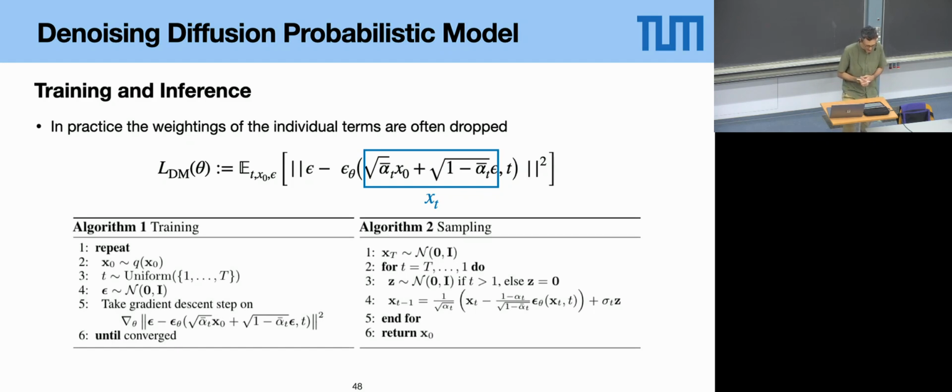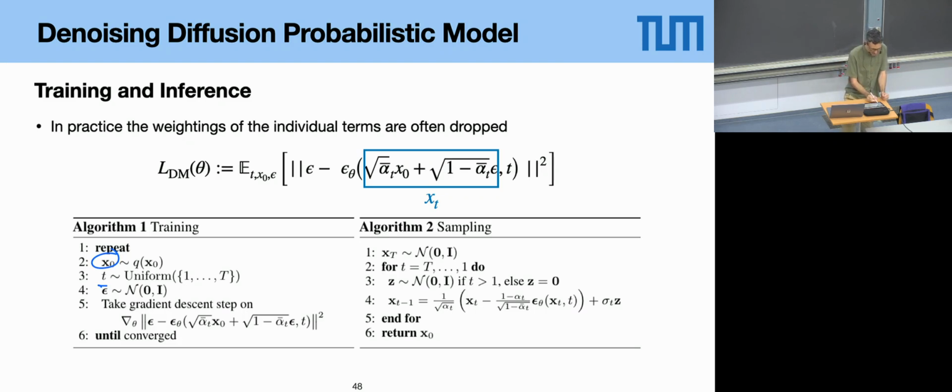It's relatively simple. Mind you, we actually do need to fix these beta values, a certain range of beta values growing towards the final time capital T. We need to pre-compute the alpha and beta coefficients, but if we have those, then we simply sample the x0 from our data set. We sample a random time t in this diffusion range.